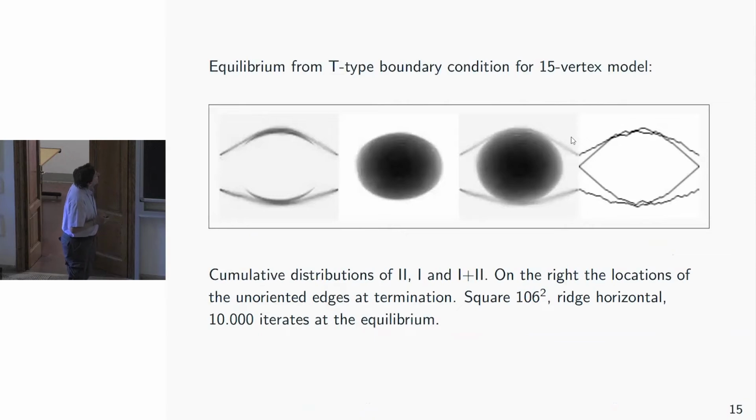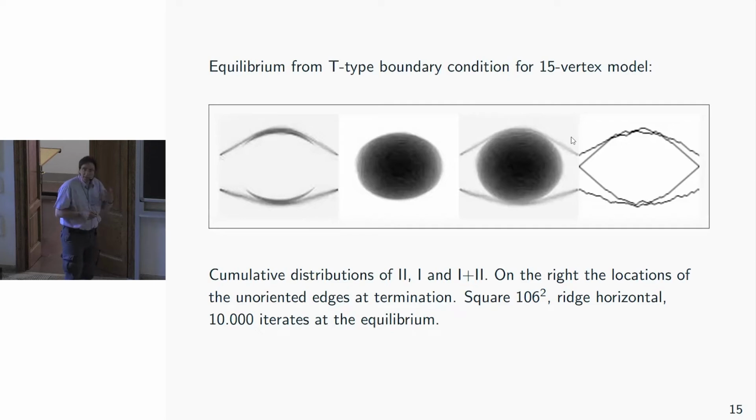Now, if you do a T-type boundary, that means here that in the beginning of this simulation, on the top at the ridge is still this horizontal thing in here, which is not shown, but here there were 2 blank unoriented ribbons across this domain, and then another blank ribbon in here and another in here.